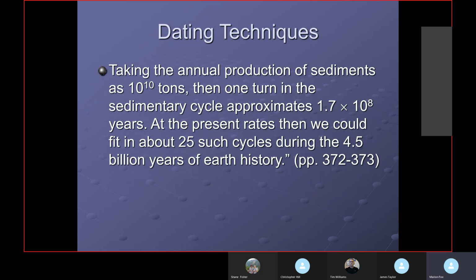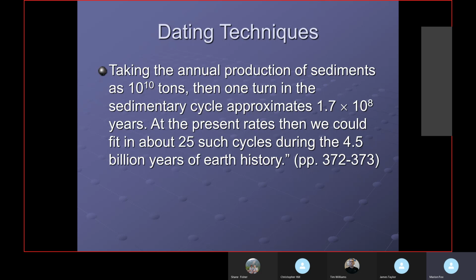Taking the annual production of sediments, or 10 to the 10th, that's a 1 with 10 zeros after it, then one turn of the sedimentary cycle approximates 1.7 times 10 to the 8th, that is, 1.7 with the decimal point moved 8 places to the right, years. Now 10 to the 9th is a billion years, so that's 170 million years.